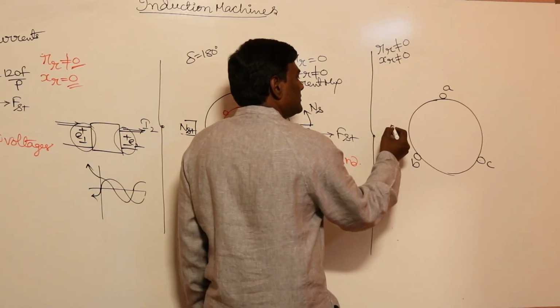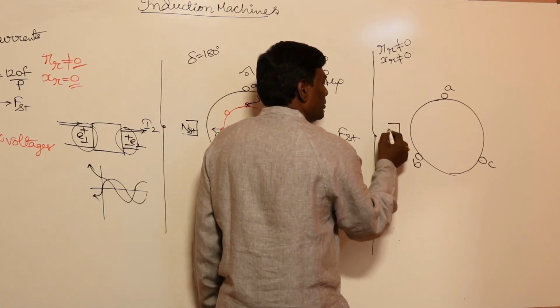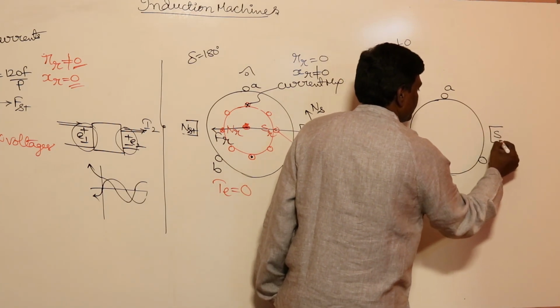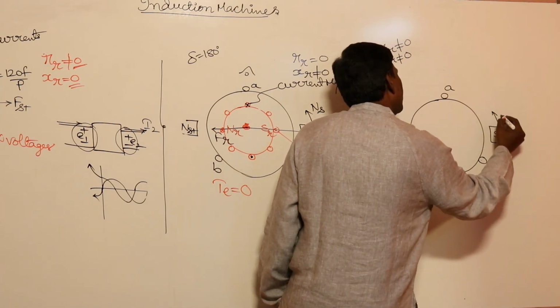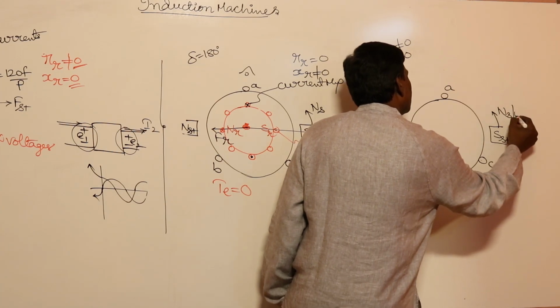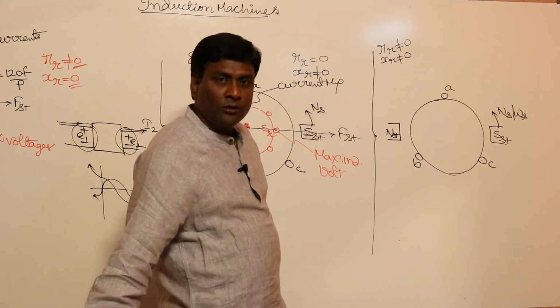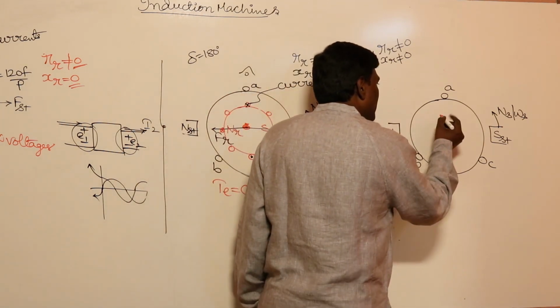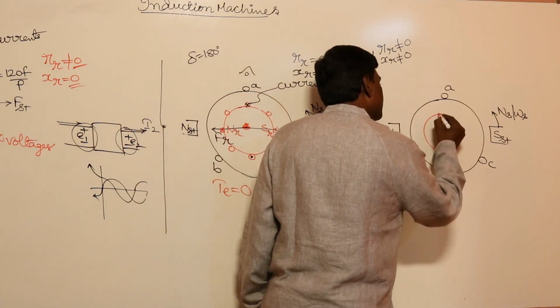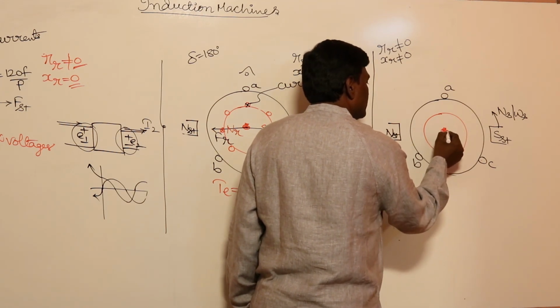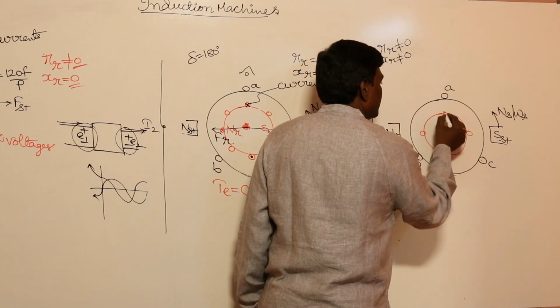Because of that, from the stator side, I am going to get the N pole of the stator and the S pole of the stator, which, for example, is rotating in this direction with synchronous speed ns or omega s. Now let me think of the rotor. Now my rotor is, let me have many conductors here.